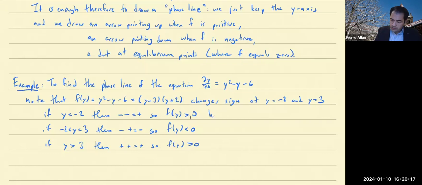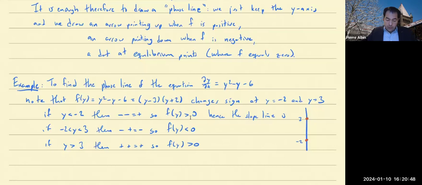Right, putting these together, we can draw the slope line. So the slope line is going to be the y-axis, right? And we're going to put a point at minus 2 and a point at 3. Right?